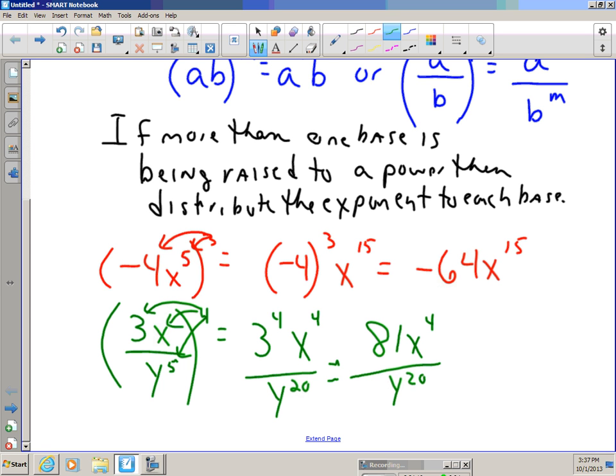The most common mistake that students make is to forget to distribute the exponent to the numerical base, or forget to distribute the exponent to the denominator.